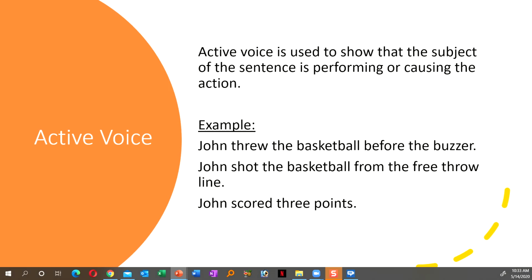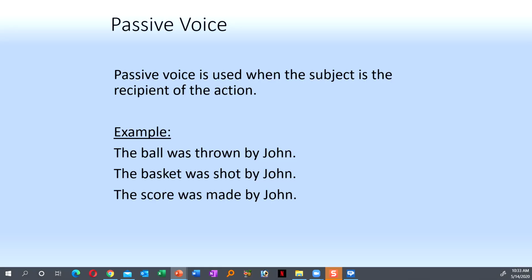Now let's reverse these sentences and make them passive. Passive voice, as we said, is used when the subject is the recipient of the action. So now, the ball was thrown by John. The basket was shot by John, and the score was made by John. So this is all passive voice, as you can see.